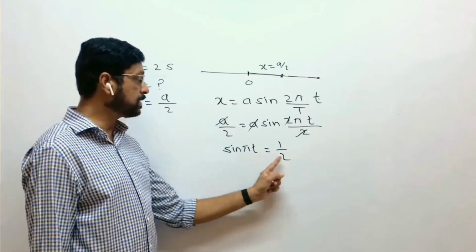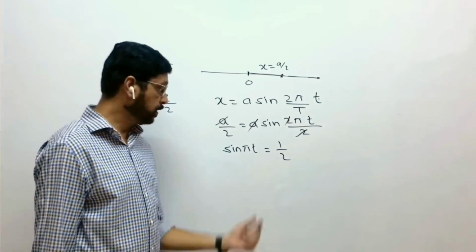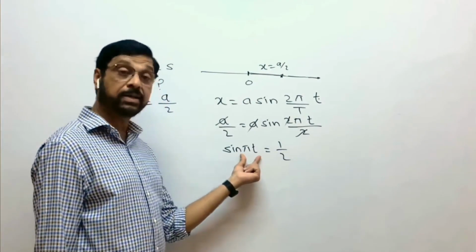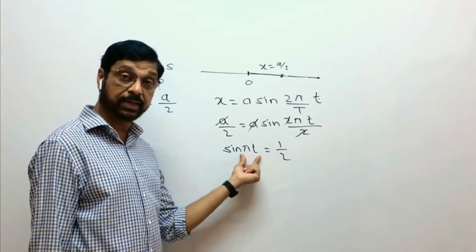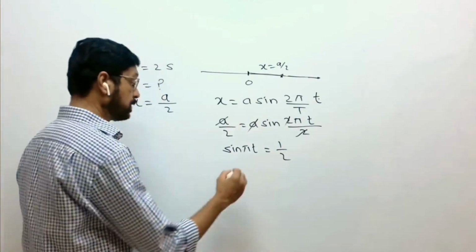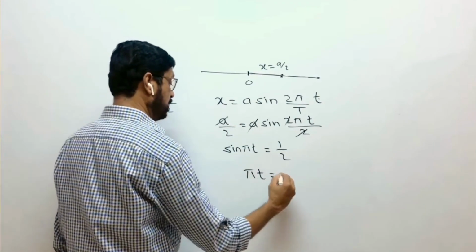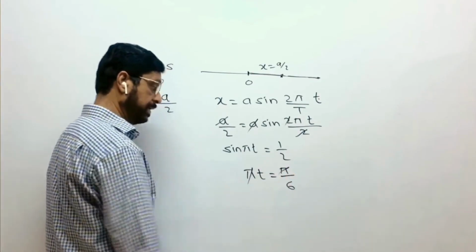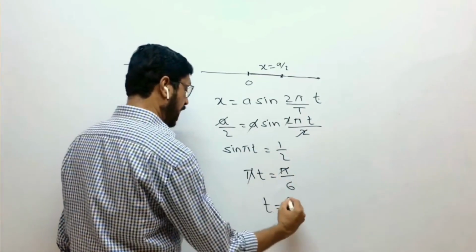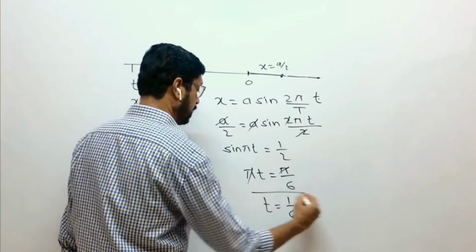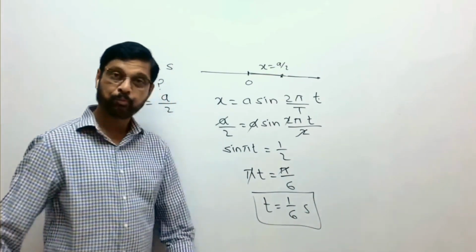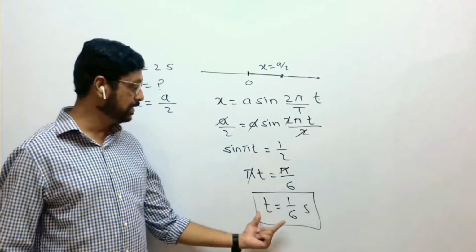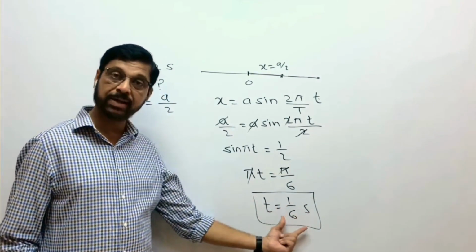Which angle has sine 1 by 2? 30 degree. Means this angle pi t is 30 degree, that is pi by 6. So pi t is equal to pi by 6. This pi gets cancelled. So time is 1 by 6 second. Right? So your answer is t is equal to 1 by 6 second.